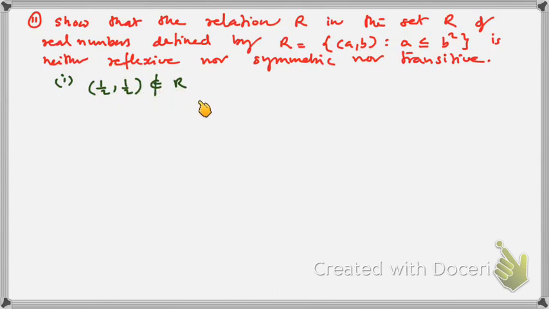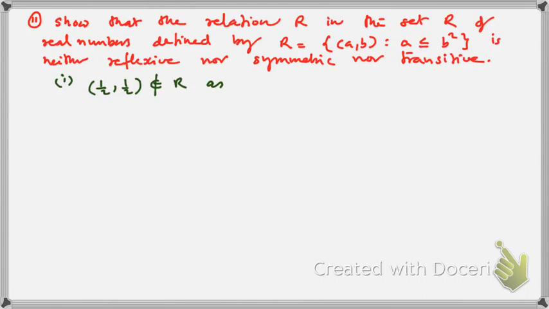But I need to prove that it is not reflexive, which means there is at least one number which is not related to itself. And we can see that any number between 0 and 1 is in that category. I'm picking up half. (1/2, 1/2) does not belong to R. But why? I need to justify why half is not related to half.